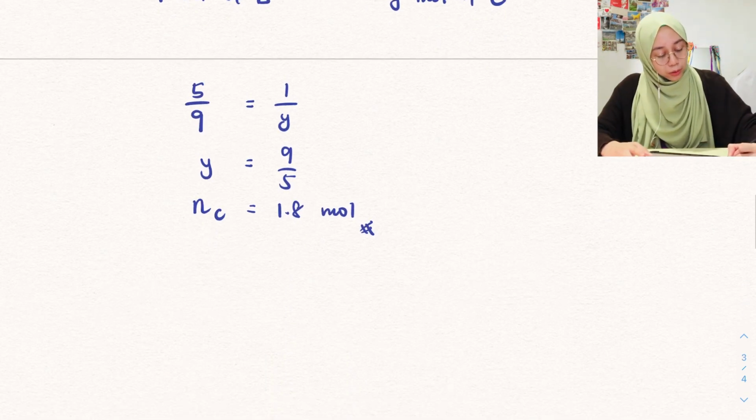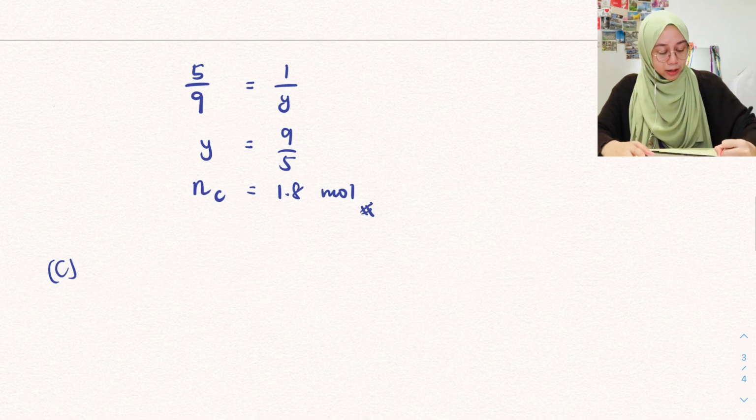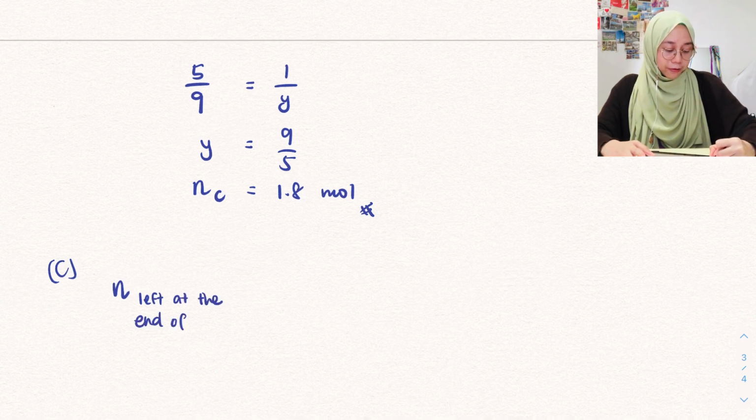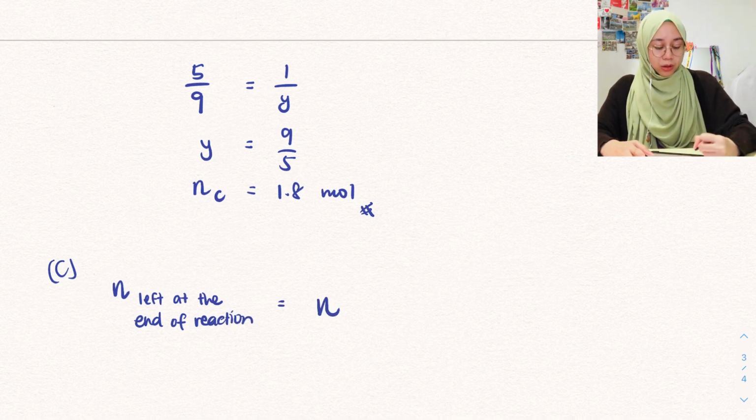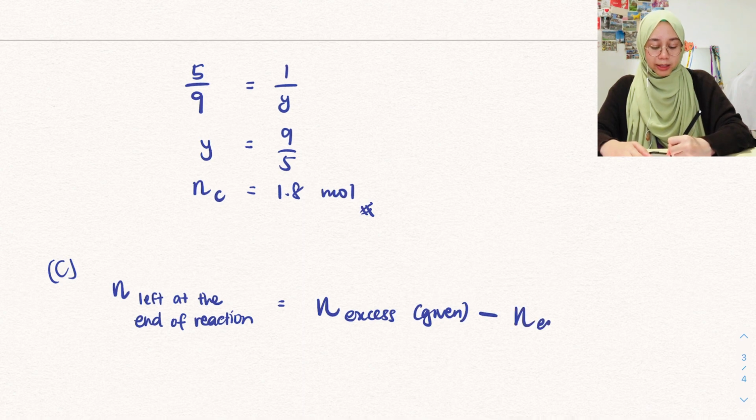Okay, so keep in your mind that mole left at the end of reaction is basically equals to mol untuk kita punya excess. Okay, mol excess yang given. Okay, mol excess given tolak dengan mol excess needed.